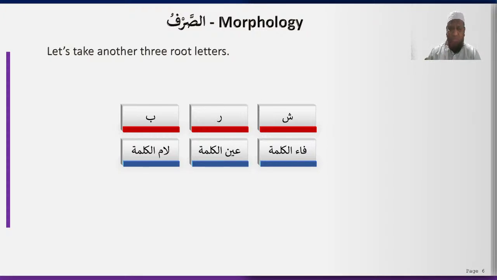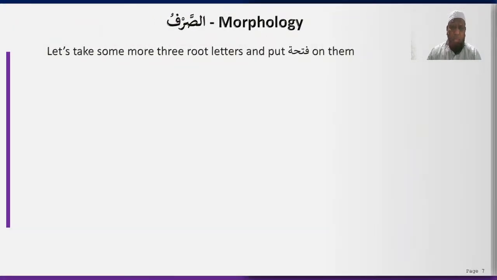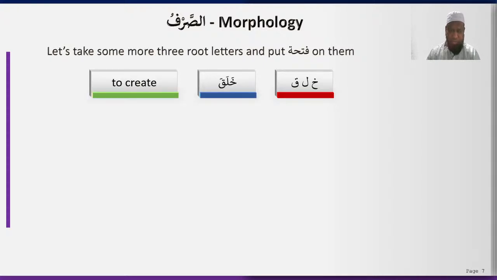So in this verb, the aynul kalima is a kasra, so it becomes shariba, to drink. We can see the aynul kalima having a kasra. Let's take some more 3 root letters and put fatha on them. Kha, lam, qaf becomes khalaqa, to create.